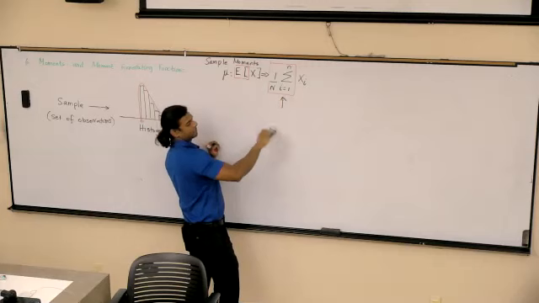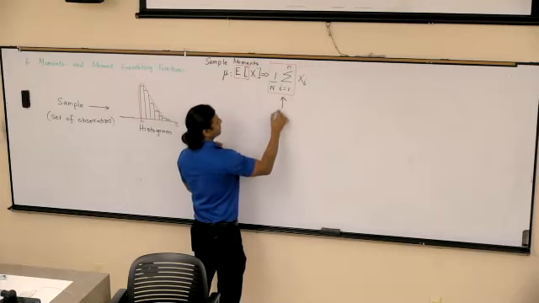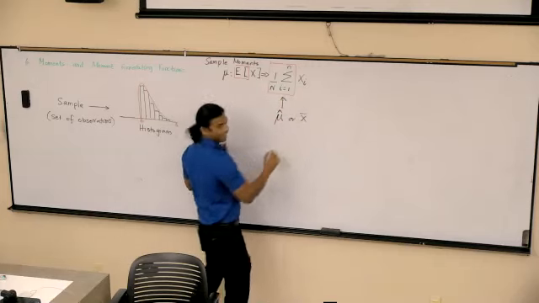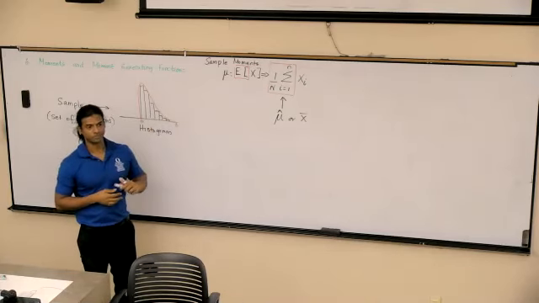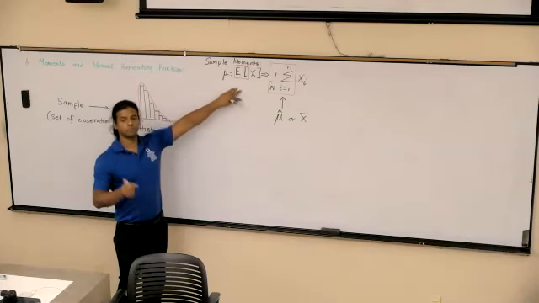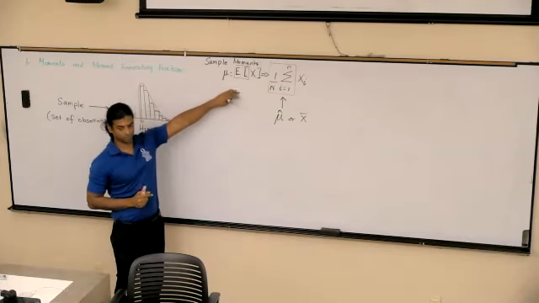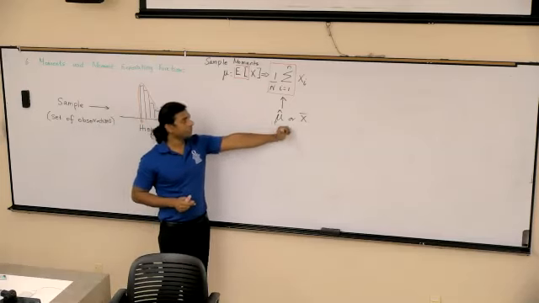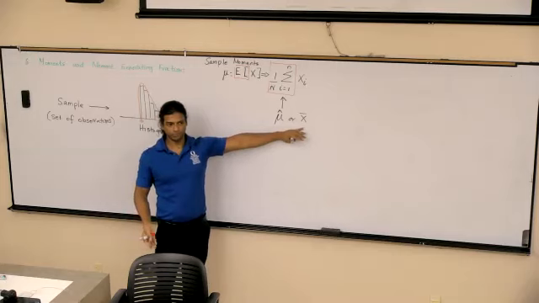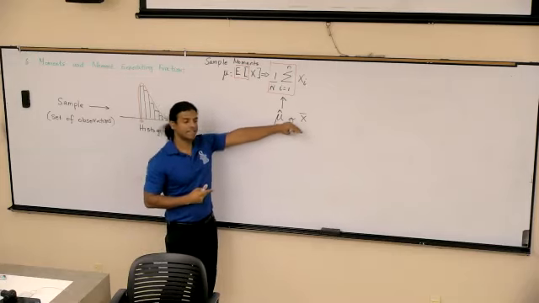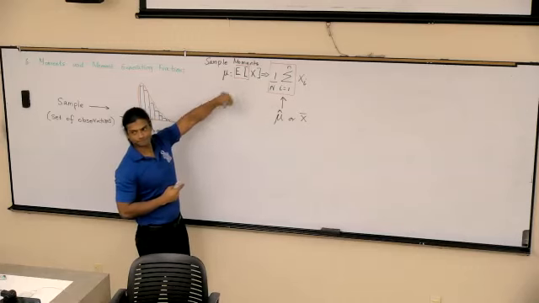That comes from the sample, so it's mu hat or X bar. It is an estimator for mu. Does that make sense? So expectation would be the theoretical value that one would expect. Mu hat or X bar that you get from the sample is the sample moment. So this is an estimator for that.